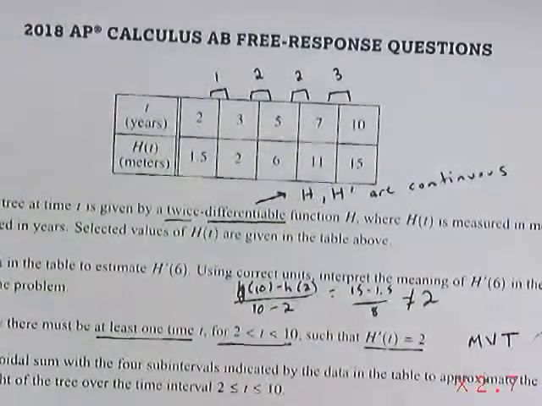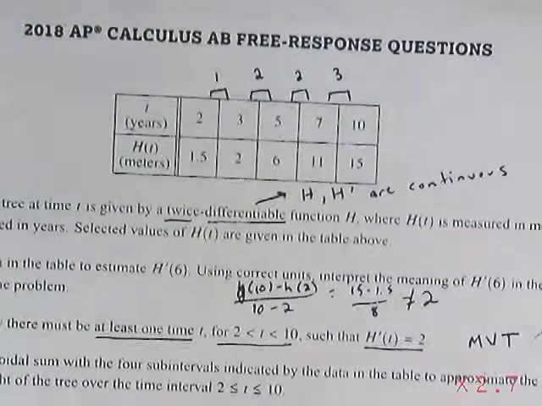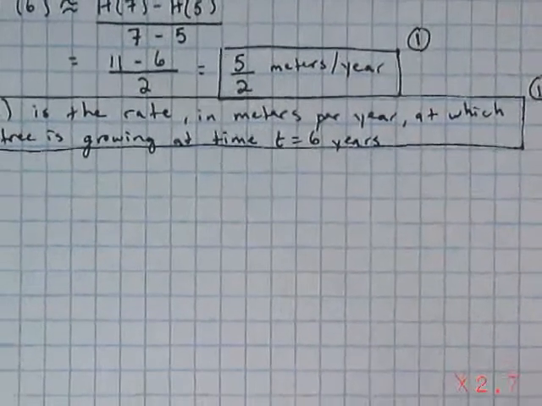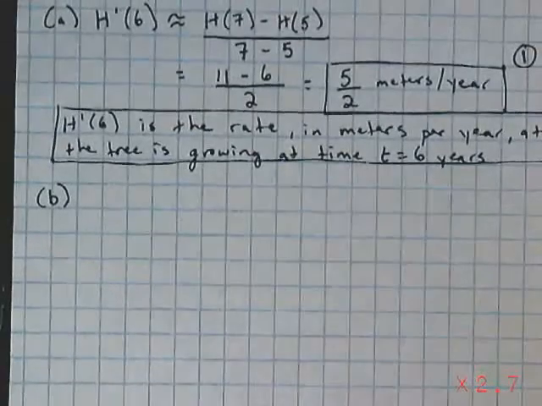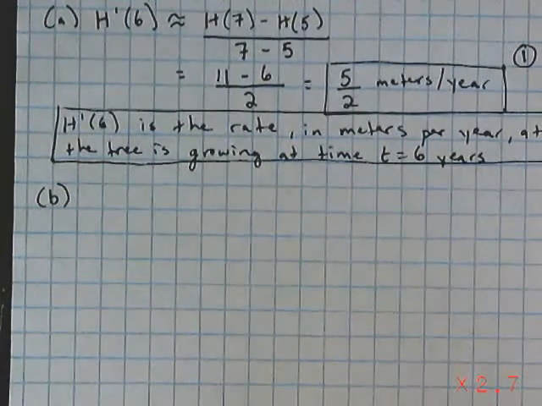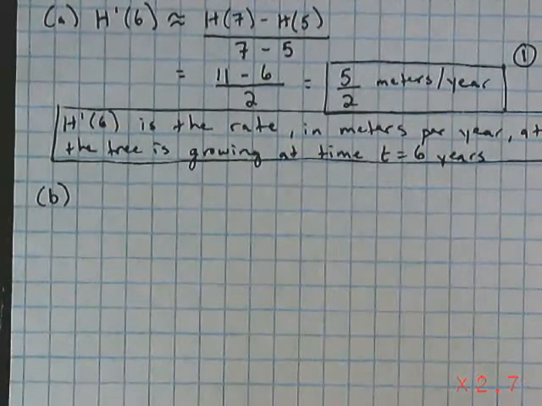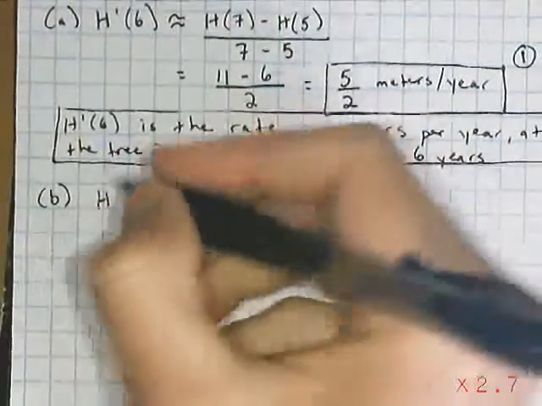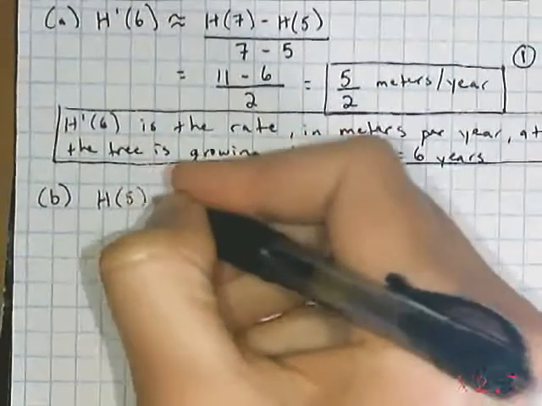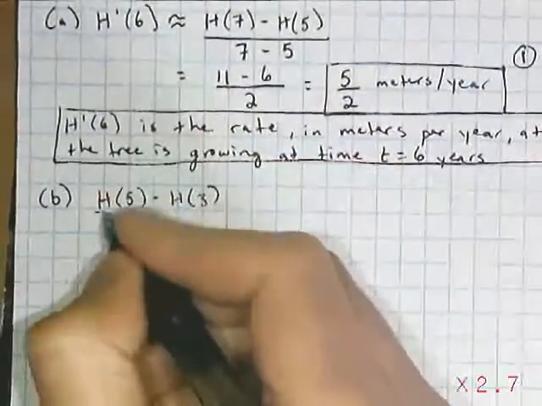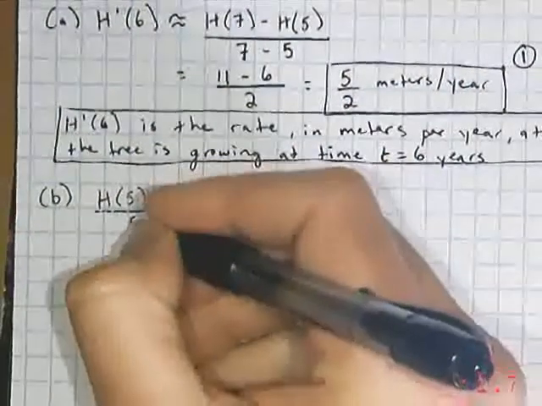Okay? And so here's how we can show this. Part B. We can do that difference quotient. h of 5 minus h of 3 over 5 minus 3.